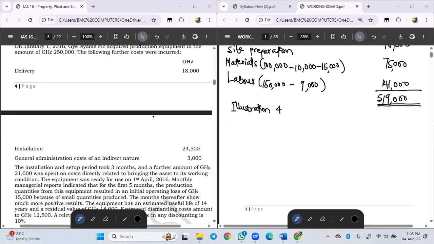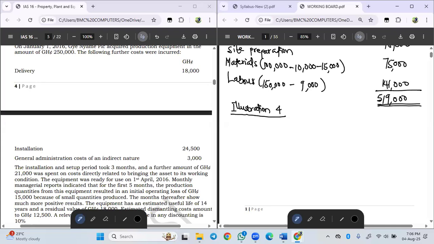Monthly managerial reports indicated that for the first 5 months, the production quantities from this equipment resulted in an initial operating loss of 15,000 cedis because of small quantities produced. The months thereafter showed much more positive results.